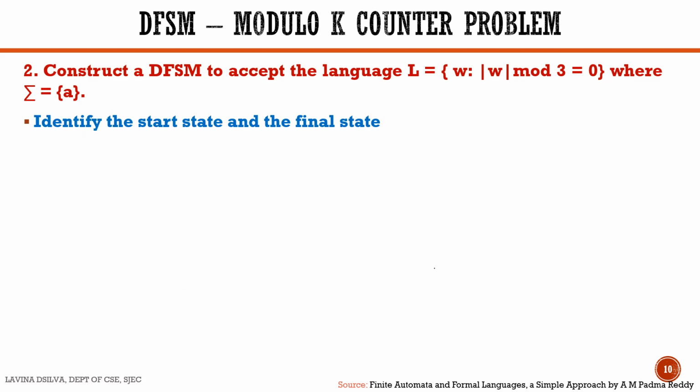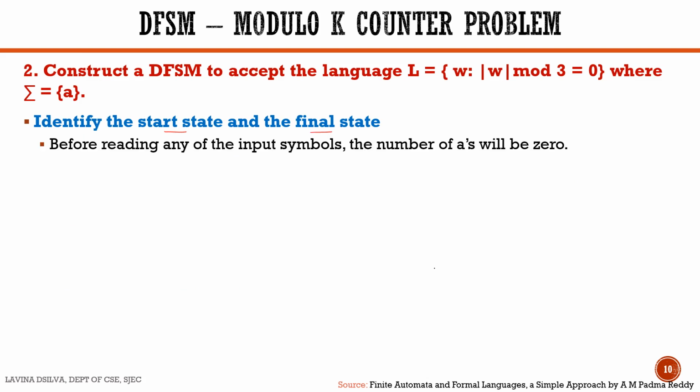The second step in the construction of a modulo k counter problem is to identify the start state and the final state. Before we read any input symbols, the number of a's will be equal to 0. In the given condition, this stands for length.